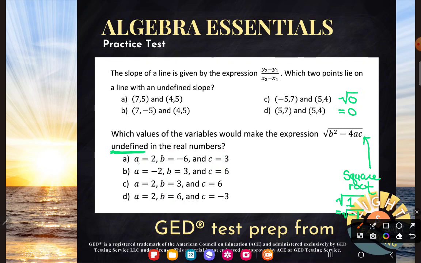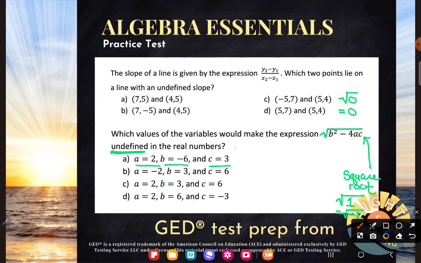So if I plug in these values, a is 2, b is -6, and c is 3, and it gives me an expression where they're trying to tell me to take the square root of a negative, well, then it will be undefined. There'll be no real answer for it.